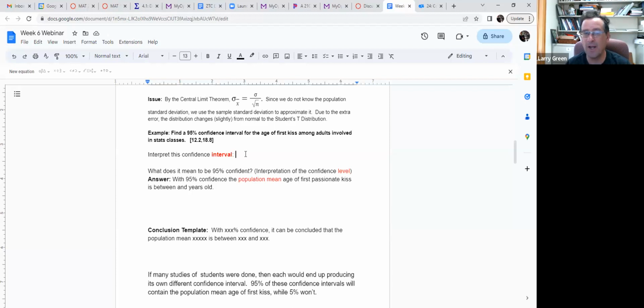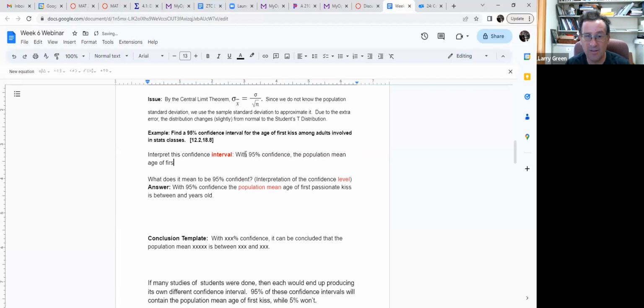And this is what we write: with 95% confidence, the population mean age of first kiss is between, and I guess I should say first passionate kiss, because we were all kissed by our parents when we were an infant, but that's not passionate, that's different.